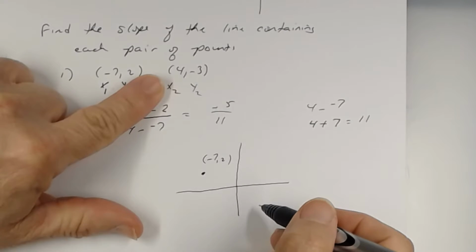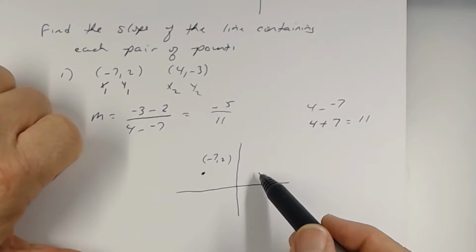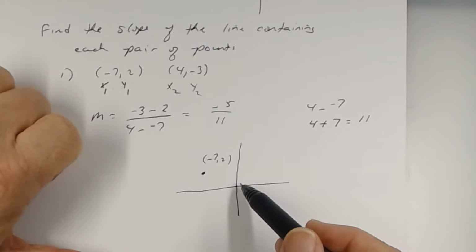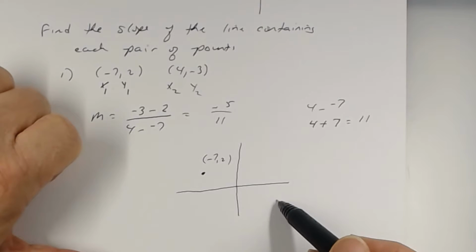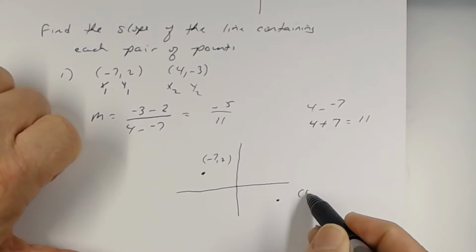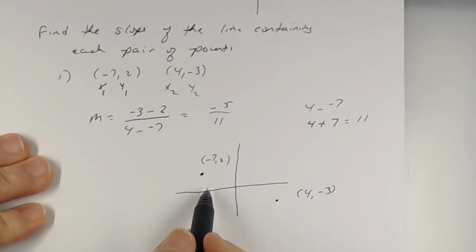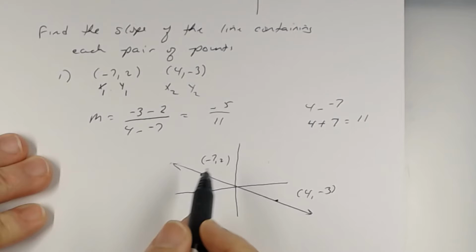4, negative 3 is in what quadrant? 4, negative 3 is in the fourth, right? 4, negative 3 is down here. And if I draw the line going through them, we say this.